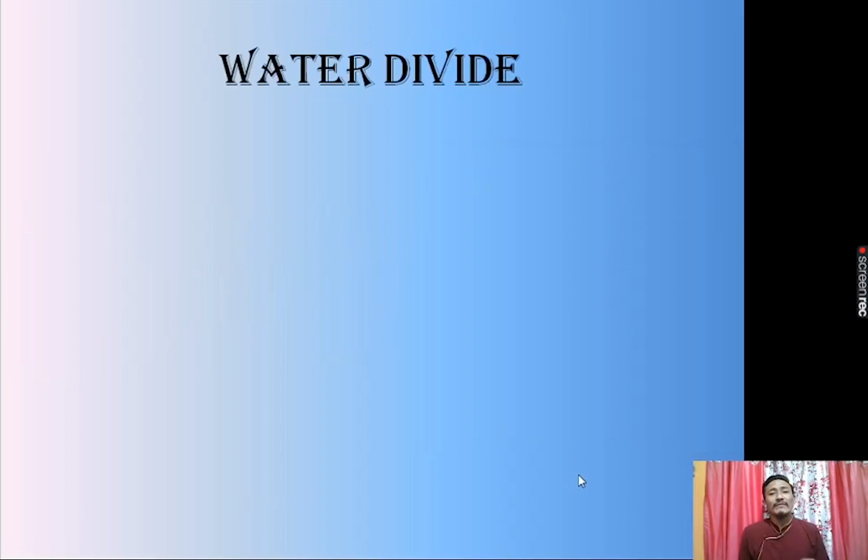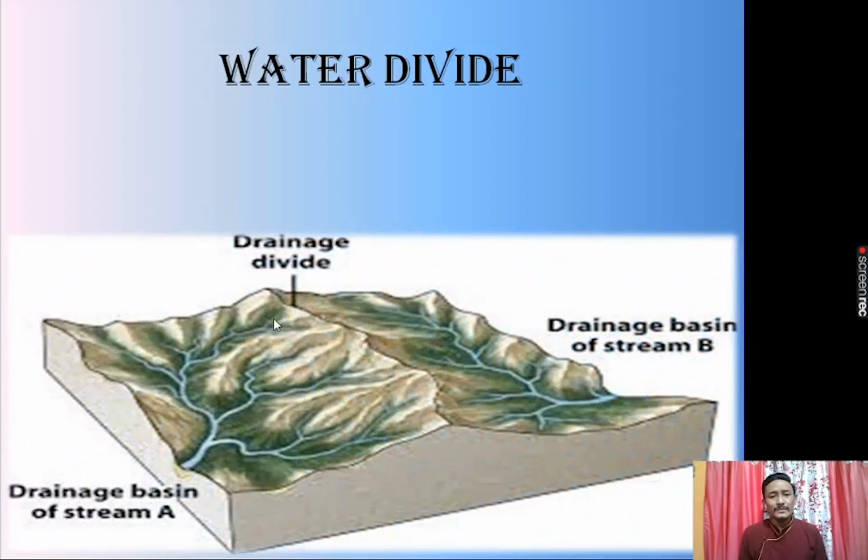After this, we have the water divide. I think I have mentioned this in a previous session also. So when we say water divide, I'll try to explain it from this picture. This upland, or uplifted area, acts as a water divide between these two streams or rivers.